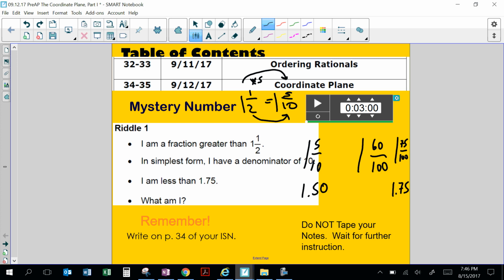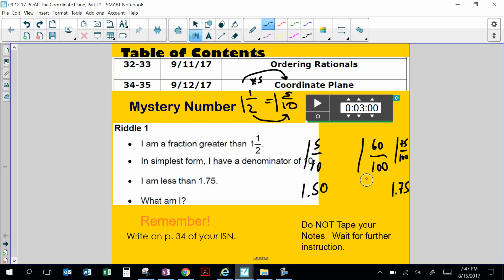Let's see if that is correct. I divide both numbers by 10, and I get 6/10, or 1 and 3/5. So I see that cannot work. This is not a good choice, because 1 and 6/10 will simplify to 1 and 3/5. It said in simplest form my denominator has to be 10.